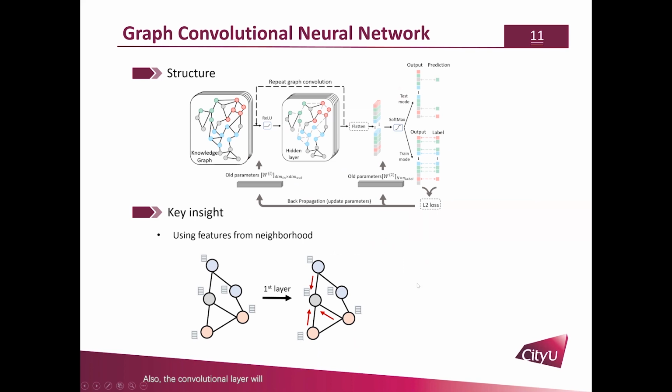Also, the convolutional layer will calculate the information for each node in the knowledge graph. Thus, in the second layer, the two-step neighborhood information will also be delivered to the current node. Because we minimize the loss for the labeled nodes, the label information will be backpropagated to the unlabeled nodes, and thus we can make a prediction.